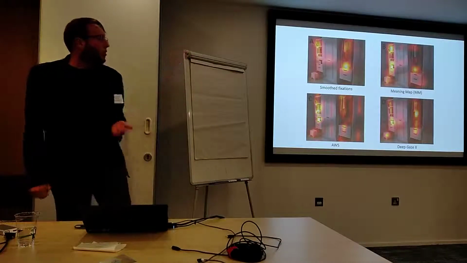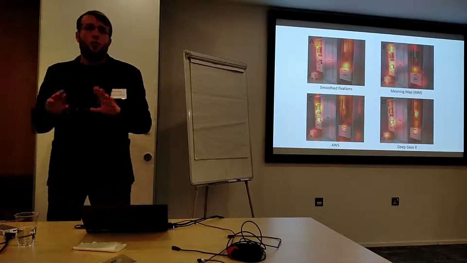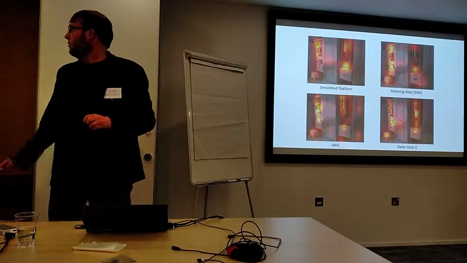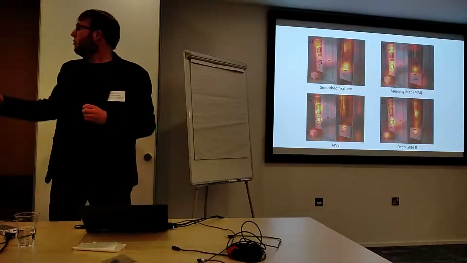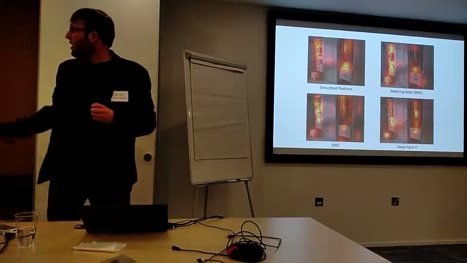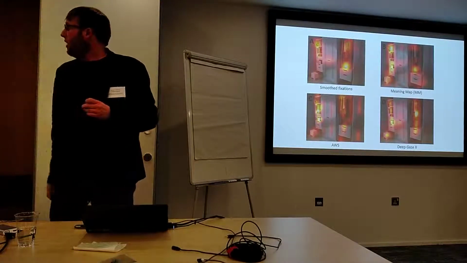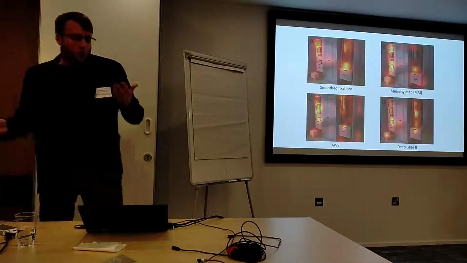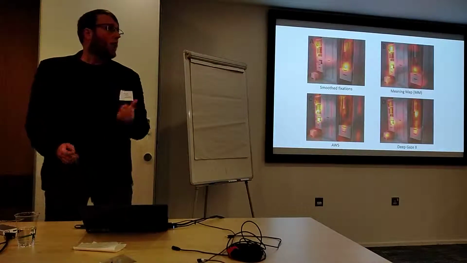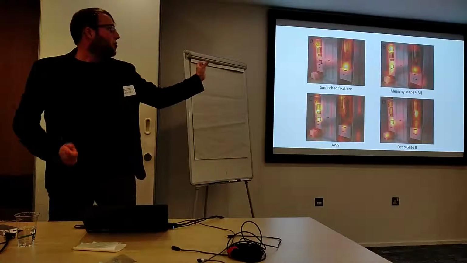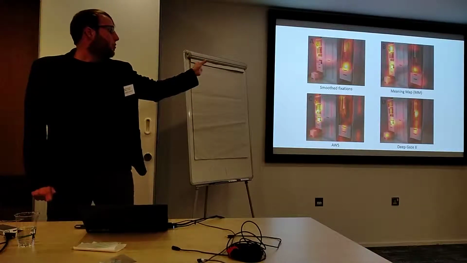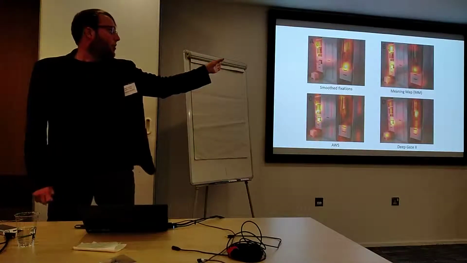On panel A, we have a smooth distribution of human fixations. This is just a set of fixations smoothed with a Gaussian kernel to obtain a smooth distribution. On panel B, we have meaning maps, and on C and D, AWS and DeepGaze 2. They're quite similar. If we want to quantify the results, we can correlate the distributions obtained from fixations and from a certain model.